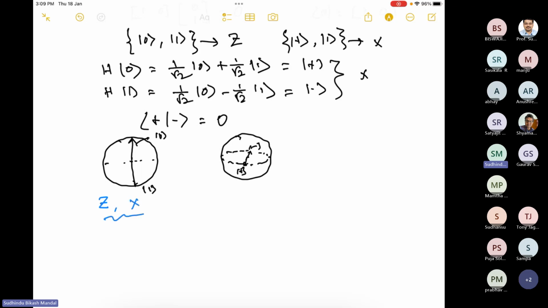These two are very interesting operators because they are two different forms. Their eigenspaces actually form two different basis states, and that's why they have some interesting properties. Okay, see, I'm considering the computational basis 0, 1, and I'm taking another basis, plus and minus.